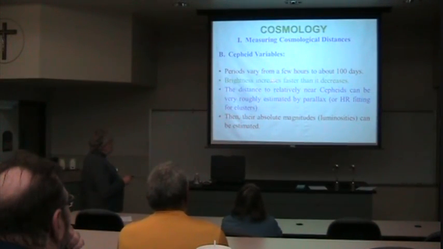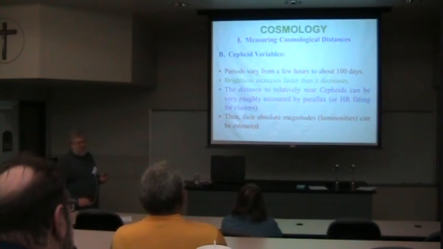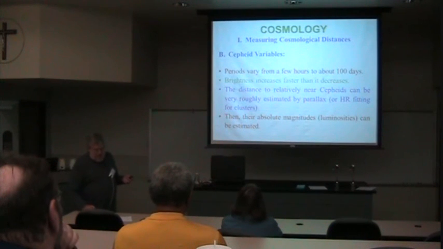Their periods vary from a few hours to around 100 days. And it has an asymmetrical light curve that increases faster and then tapers off. We can estimate the distance to some of the nearer ones. They're not really within the range of parallax.